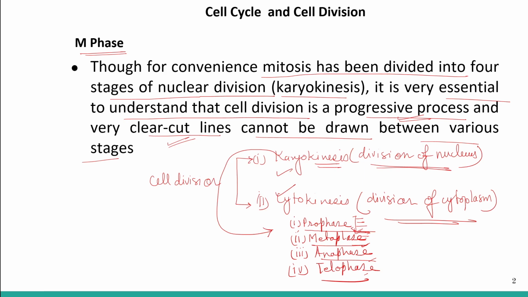No, it never happens. The stages which occur in prophase are fixed, so there is a clear-cut demarcation between the prophase and metaphase. In the same way, the processes that occur in the metaphase stage are fixed, and can never be seen in the anaphase stage. So there is a clear-cut demarcation.